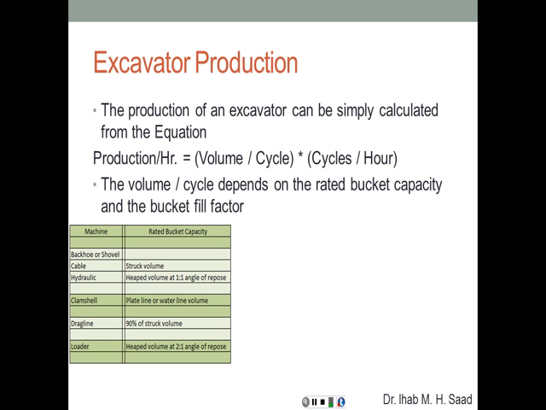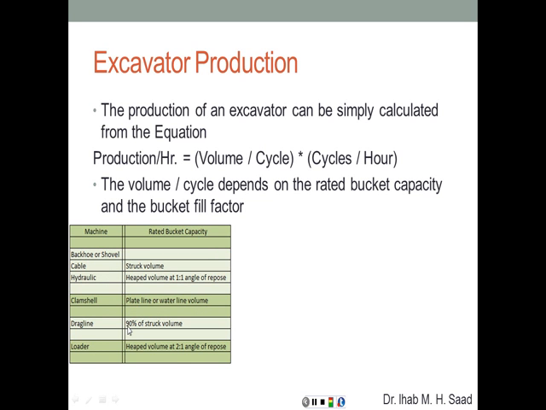Here are some examples. For a backhoe or a shovel using a cable, it's going to be the struck volume, and if it's hydraulic, it's going to be a heaped volume at a 1-to-1 angle of repose, so 45 degrees. For a clamshell, it's going to be the plate line or the water line volume.